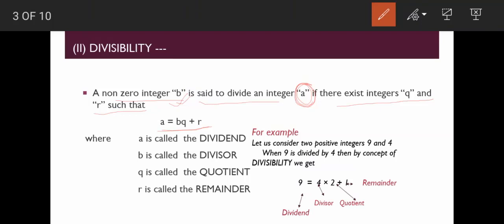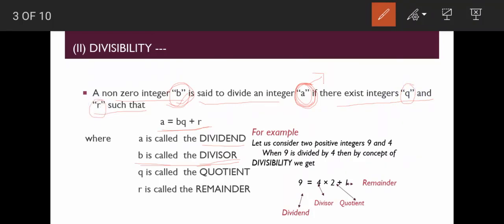That is why a will be considered as the dividend. Then the number by which we are going to divide a will be considered as the divisor. So b is called the divisor here. After that, two more integers we have to consider, that is q and r.